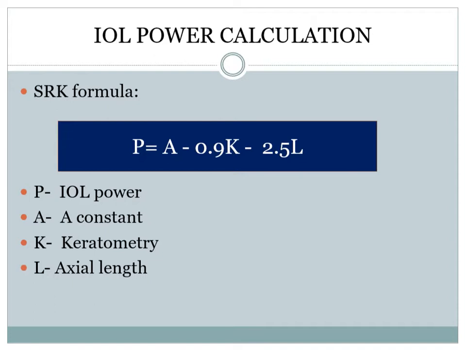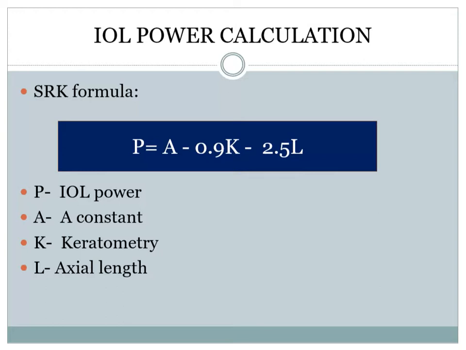So the intraocular lens you are going to put is not going to be the same for all, because after the surgery, in the postoperative result, you aim for emmetropia. That means whether a patient was emmetropic, hypermetropic, or myopic, after his surgery you aim for emmetropia. So you aim that after his cataract surgery he gets 6/6 vision.